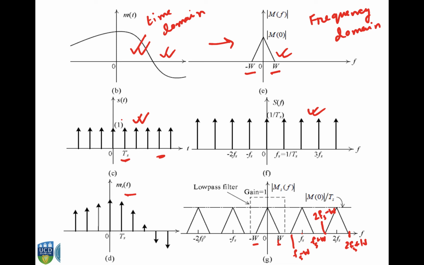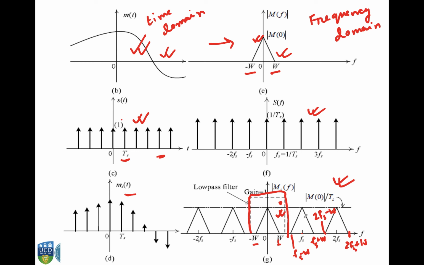Now if you want to reconstruct the original signal, this is the frequency response of the sampled signal, which contains the original signal here and also the copies repeated every fs. To recover the original signal, which looks like this, I just want a low pass filter with gain 1 that captures the original signal, and I want to remove these other parts.